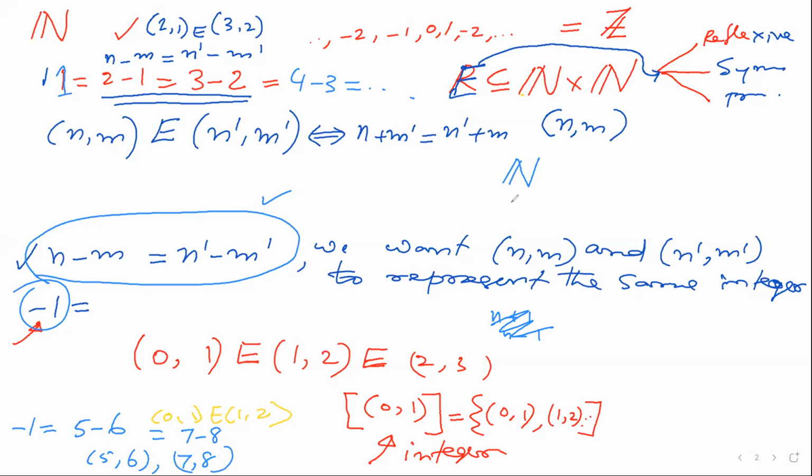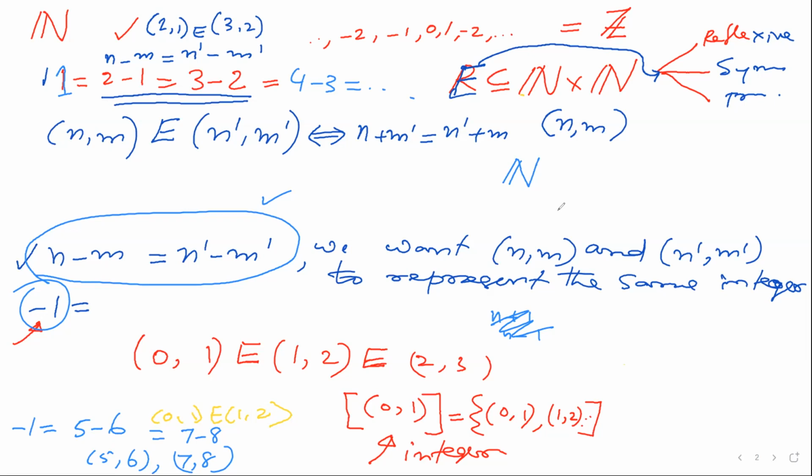So, do you now get a little feel of what this equivalence relation does? This equivalence relation arranges the members of N cross N into groups representing the various integers. Agreed? You saw those groups.